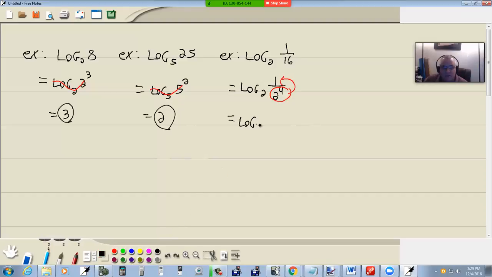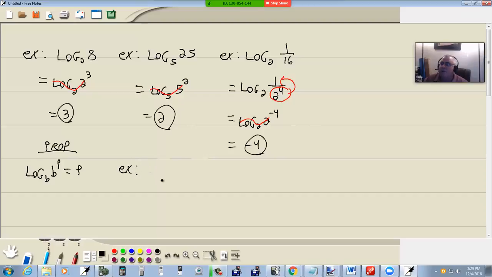So this becomes log base 2 of 2 to the negative 4. And then if those two numbers match, log and those two numbers cancel, and the negative 4 will drop out of the exponent, and that's our answer. Now the property for that says we got log base b of b to the p power is going to equal p.